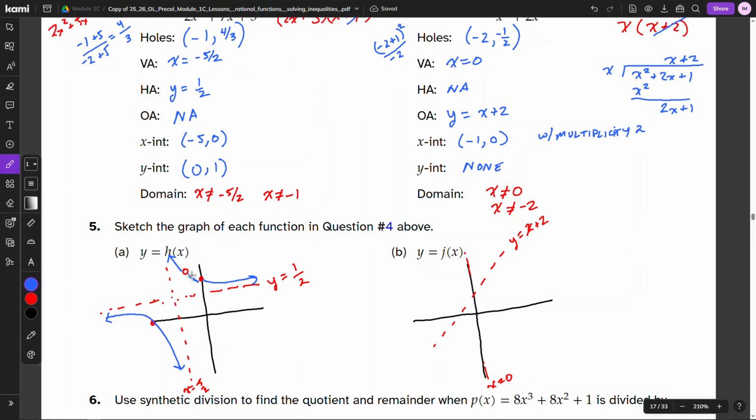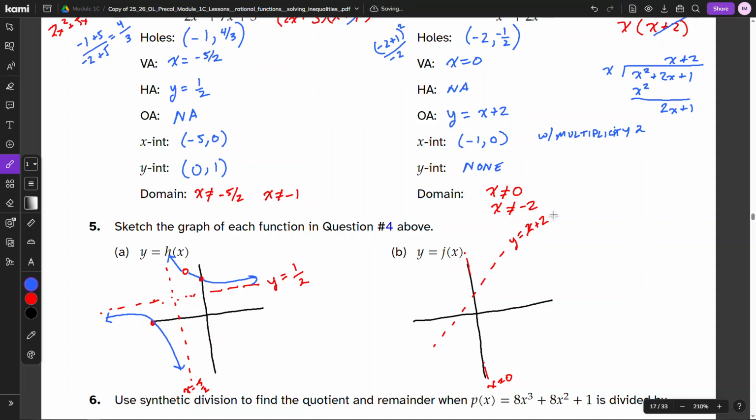Good form is to label your axes, but because we do have everything identified over here and we don't have much space, be sure that you do label the asymptotes, and unless specifically asked, draw what you have.